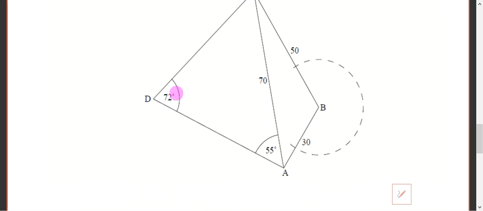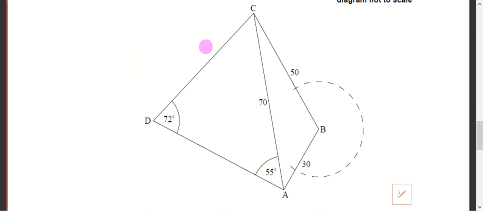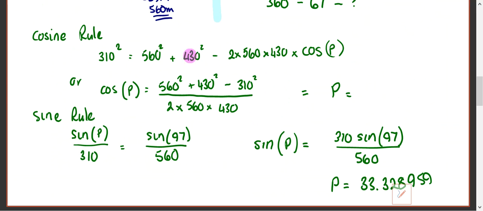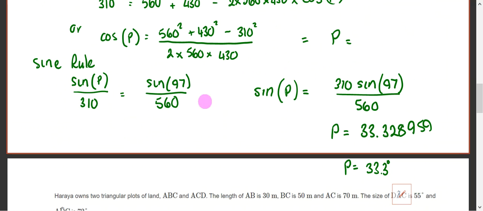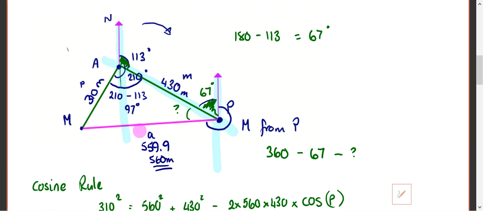When we have these non-right angle triangles, we've got 2 rules. We've got cosine rule, we've got sine rule. The one that we used here, this is the cosine rule, which we wrote down. This is sine rule. Now, the thing about sine rule is you need to know an angle and its opposite side.